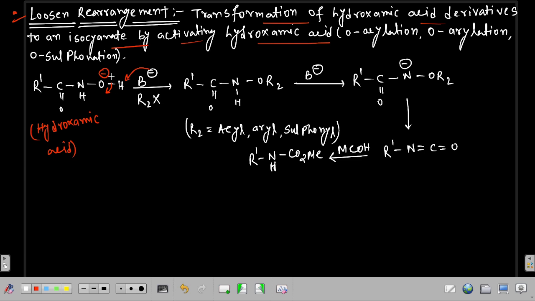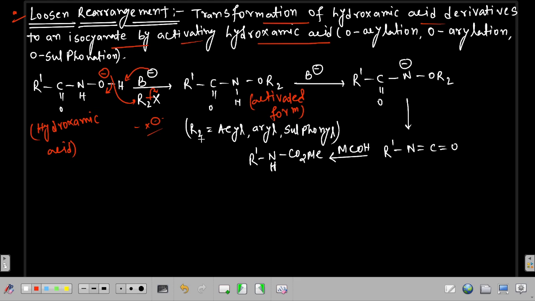Okay, now O minus will react with R2X here, and it leads to the removal of this X minus. Here X will be halide, any halide or any leaving group. Okay, and it leads to the formation of the activated form of this hydroxamic acid.